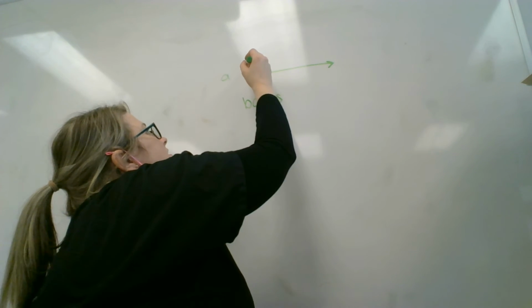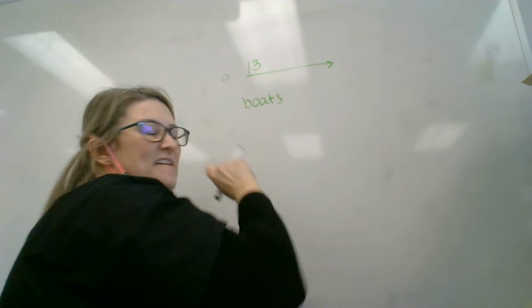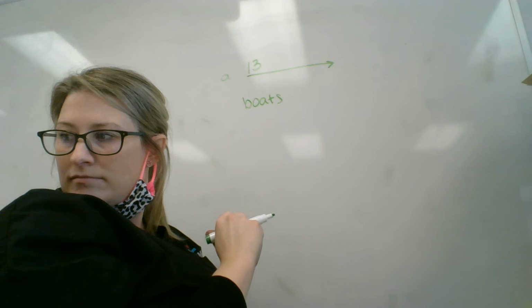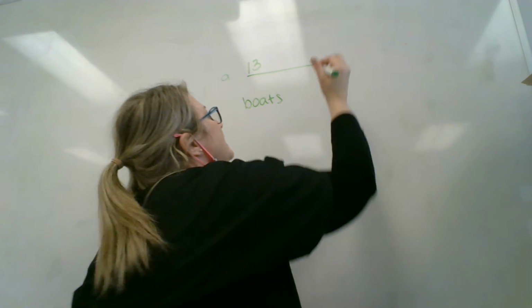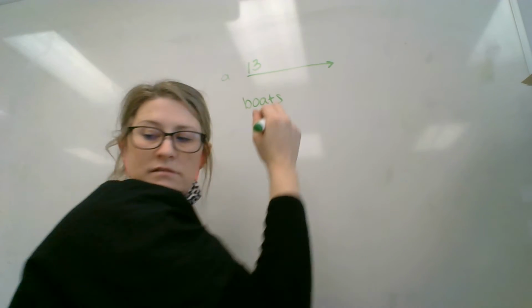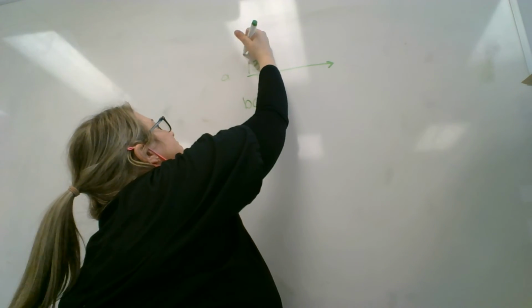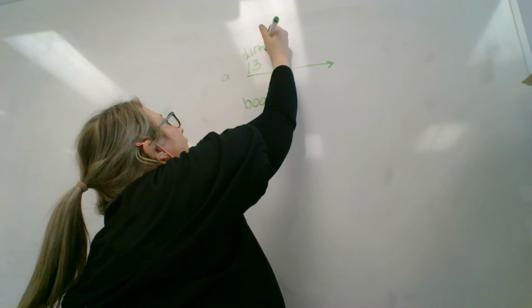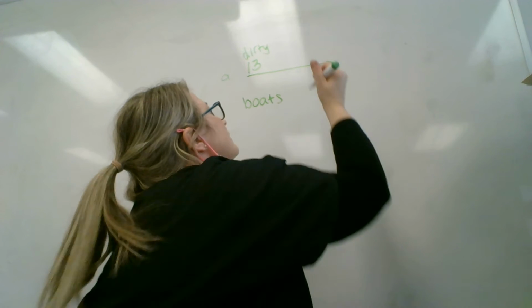So my difference number is 13. 13 were dirty, the rest were clean.